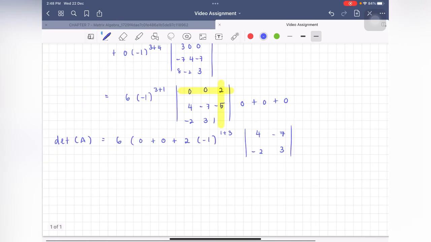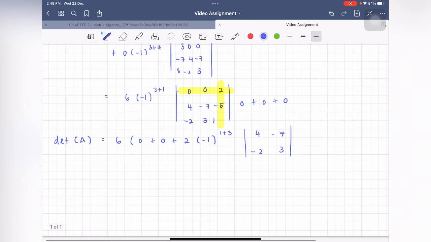And finally, the last element in row 1 is 2. So we would have plus 2 times the cofactor, which would be negative 1 raised to the power of, this element is in row 1, column 3. So we would have negative 1 raised to the power of 1 plus 3 times the minor, which in this case will be the 2 by 2 determinant formed by eliminating row 1 and column 3.